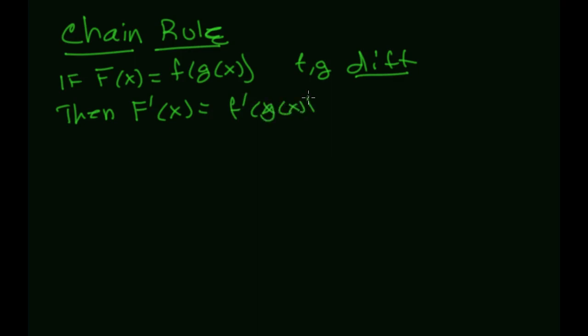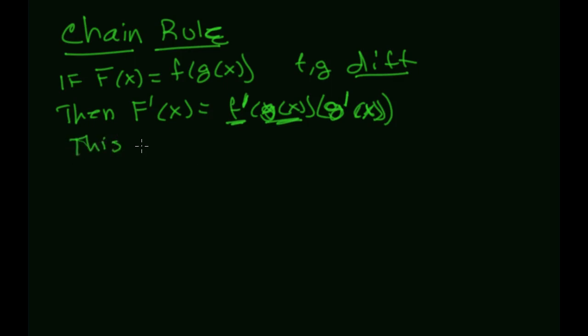Note, the f gets the derivative, but the g does not. And then we're going to multiply that by the derivative of g at x. So it's like you take the derivative of the outside function and keep the inside function, and then you multiply that by the derivative of the inside function.